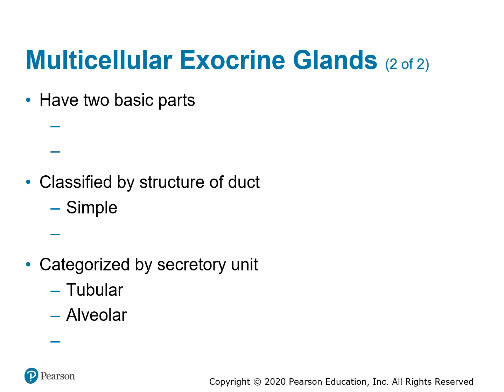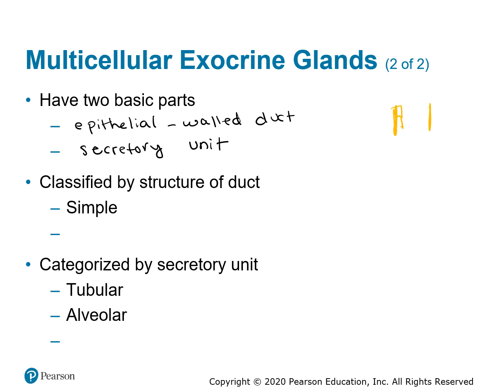Multicellular exocrine glands have two basic parts to them. They have an epithelial wall duct. And then they have a secretory unit. And that kind of ends up looking like this.